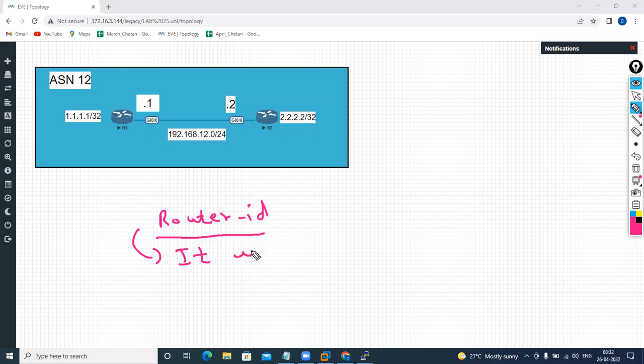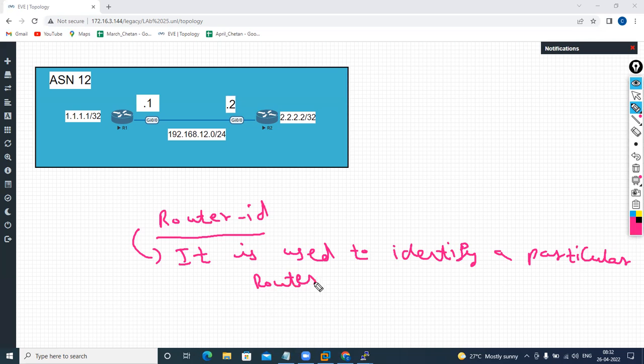It is used to identify a particular router. So if we talk about election criteria, in order to elect a router ID, first it will prefer the manually configured one.